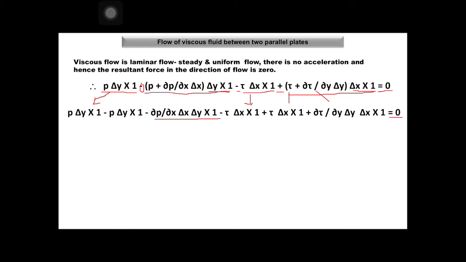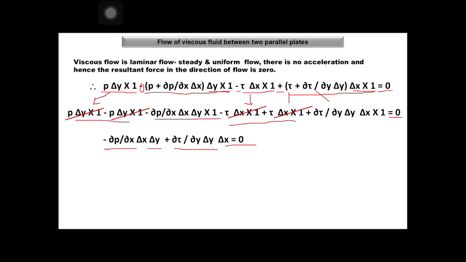equal to 0. So if you see here, the terms which have opposite signs will get cancelled. In this case, the first two terms will get cancelled, and the other two terms will get cancelled. So this equation will become minus delta p by delta x into delta y plus delta tau by delta y into delta y into delta x is equal to 0.